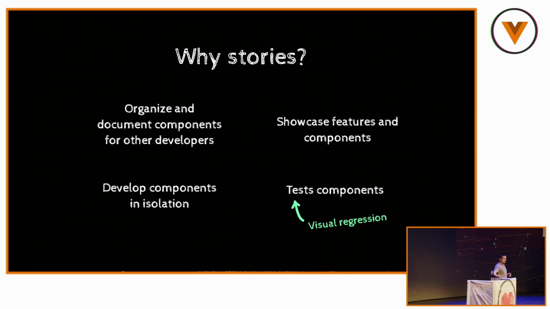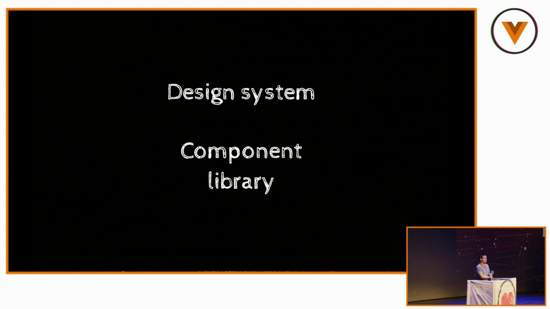Cool. My clicker again. So usually we end up writing stories when we have either of those things. If you are in a big company, or maybe not that big, you might have a design system. It's pretty common these days, where you define how every component is going to look in your different applications.